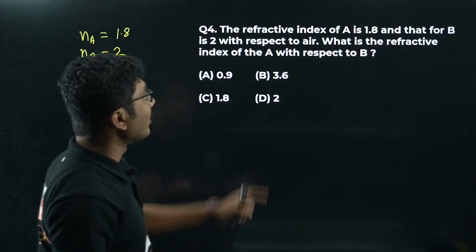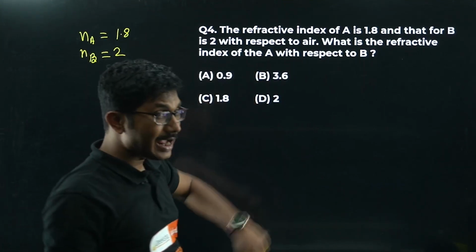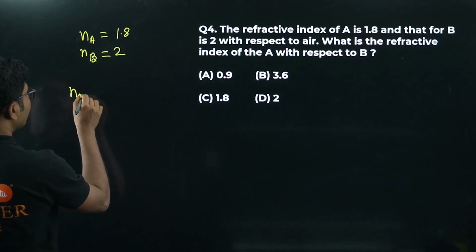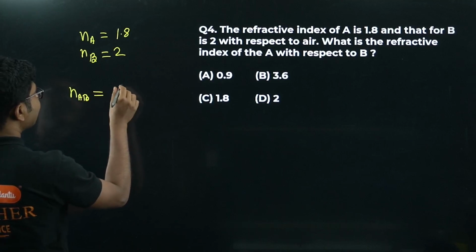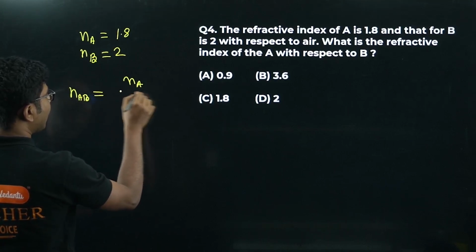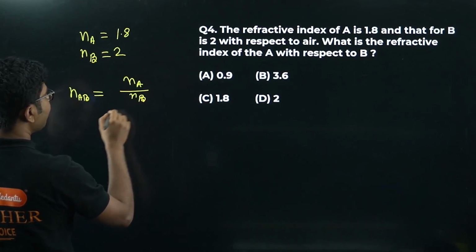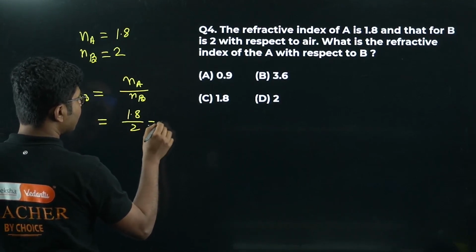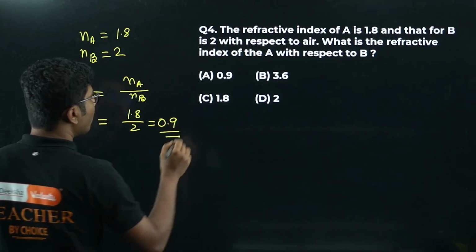Now they have asked you what is the refractive index of A with respect to B. So refractive index of A with respect to B is basically NA by NB. Simple as that, right? So 1.8 divided by 2, that is 0.9.